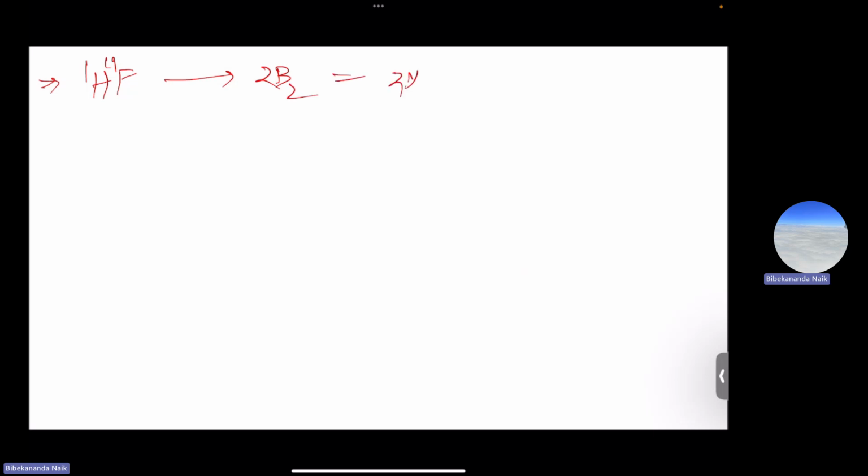It will be 2 into 19.94, so it will be 39.88 centimeter inverse.